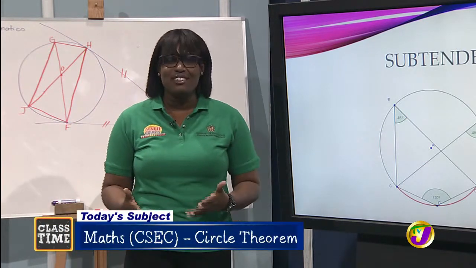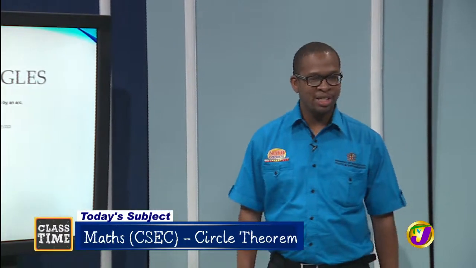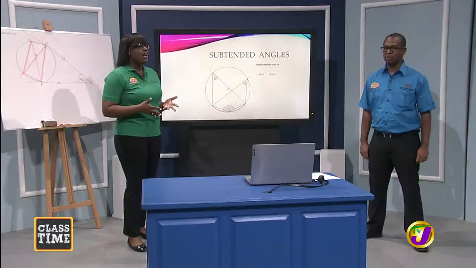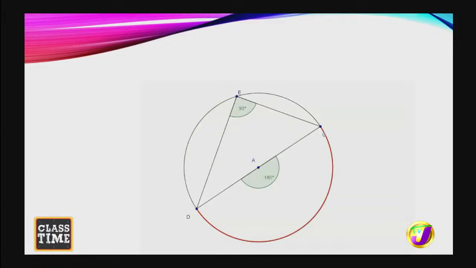So Mr. Brown, take us through what we were doing in the first segment, please. I think we were discussing the angle at the center versus the angle at the circumference.